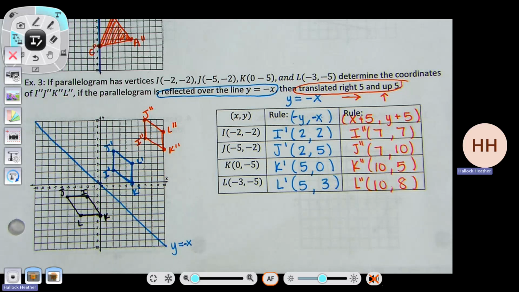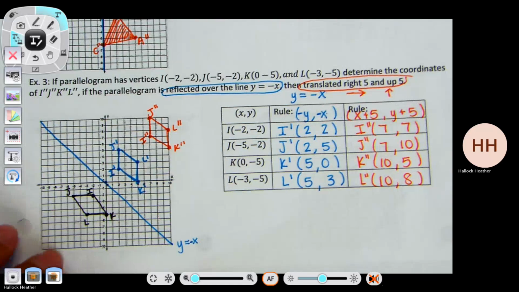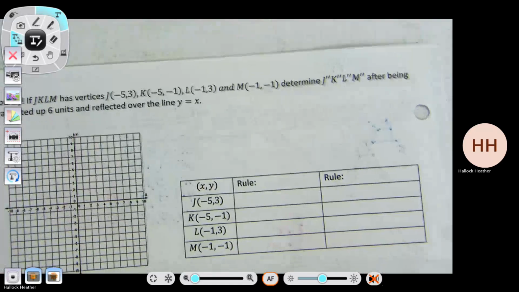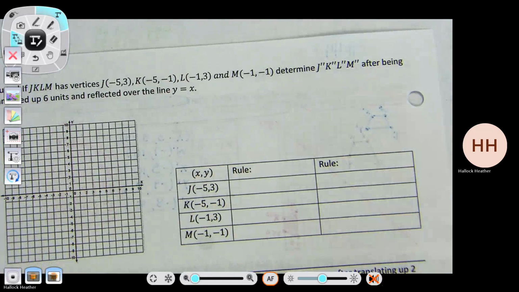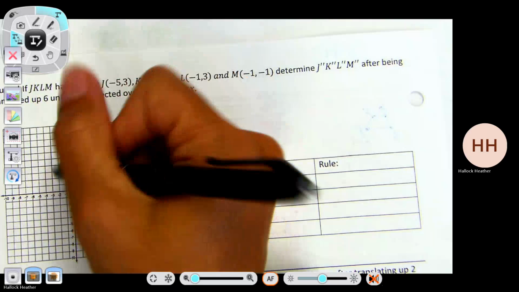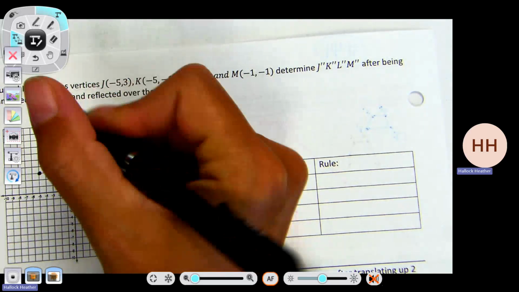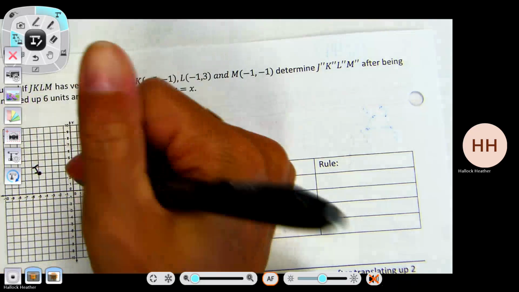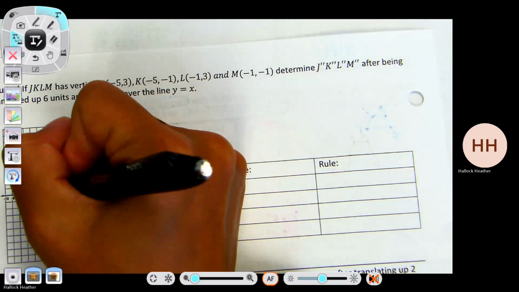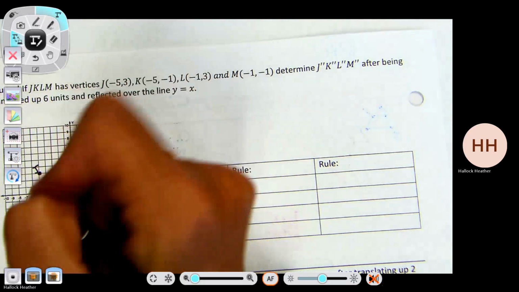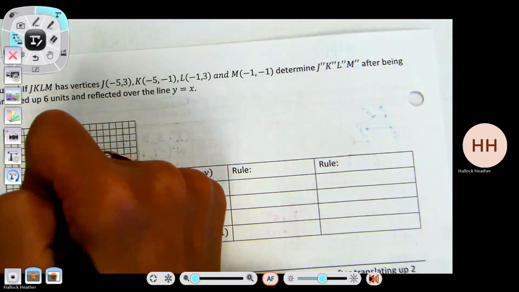So start by plotting the original. And this should look like a square when you plot it. Not a rectangle.